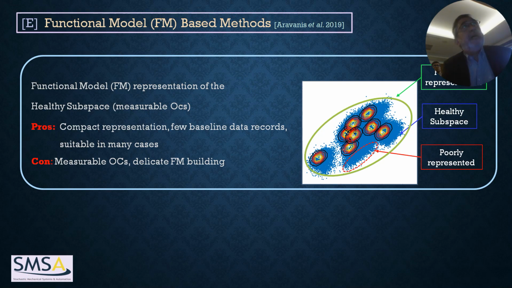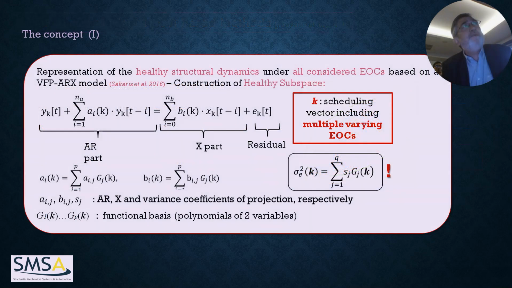Okay. Another method that we have also been developing in the past few years is a functional model-based method. This is also an all-inclusive method, and it can also give good results. I will not go into the details, so these are the technical details here on how this is done. I will just say that we have a model of the dynamics, which is a time series model basically.